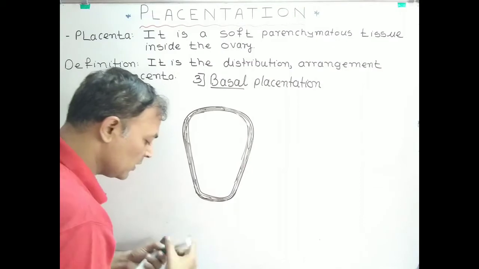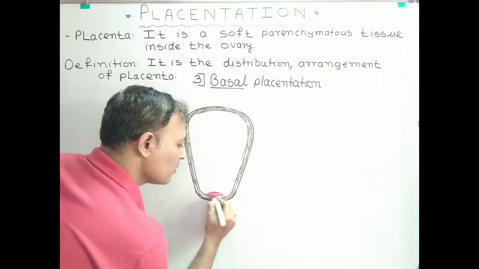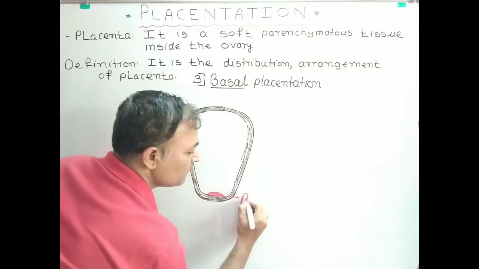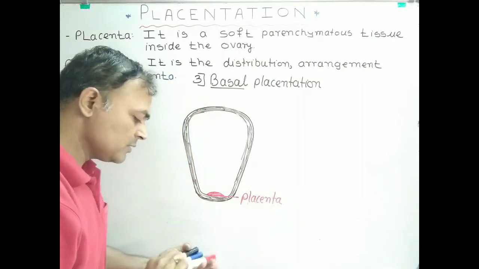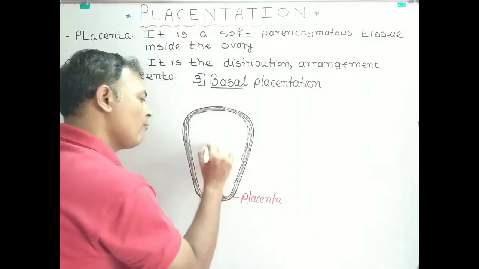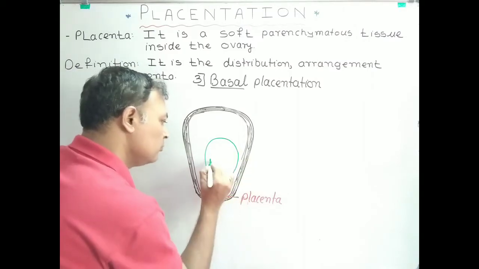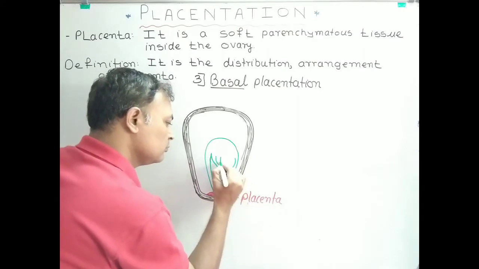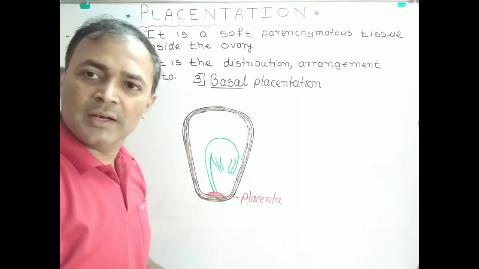Placenta is attached over here at the base. This is the base, means placenta is attached here. And the ovules, this is the ovule. Like this. Correct? This is a basal placentation.